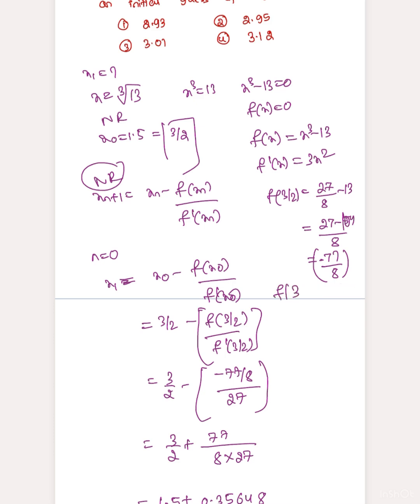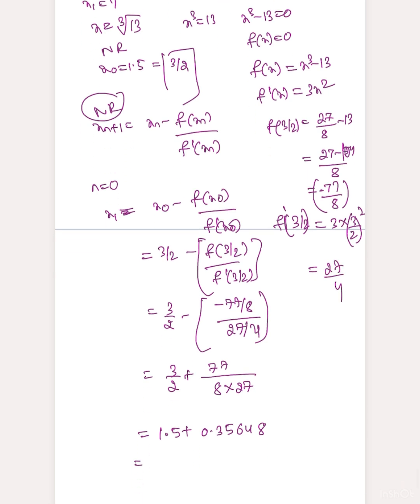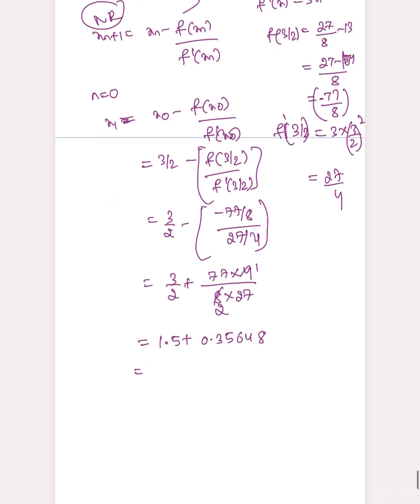f dash of 3 by 2 is equal to 3 into x square, means 3 into 3 by 2 whole square. This is 27 by 4. So this is nothing but 1.5 plus 77 by 54. 77 by 54 will be 1.4259, so 1.5 plus 1.4259 is equal to 2.9259 something.